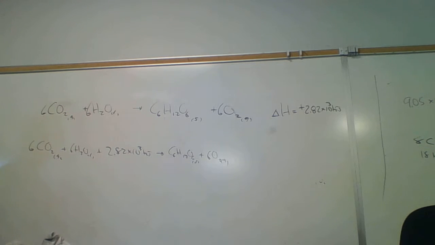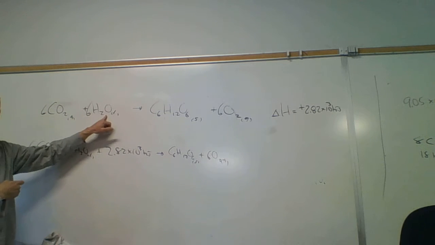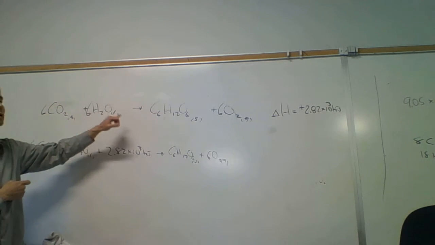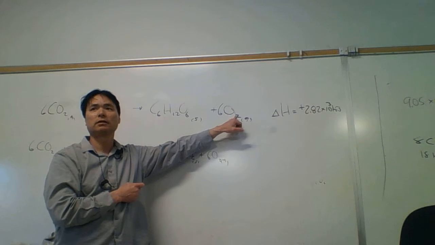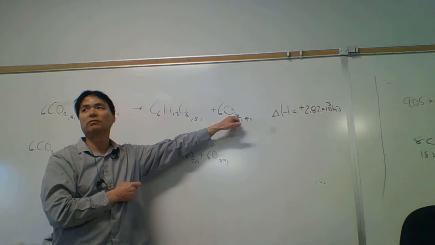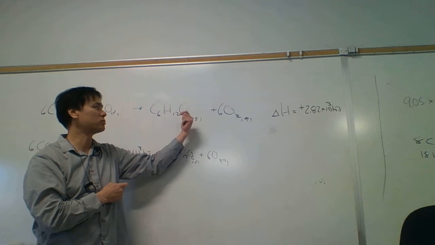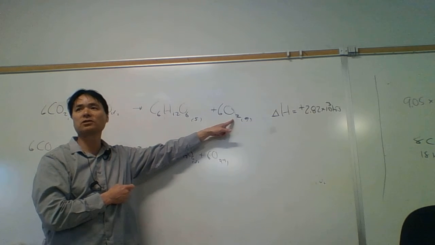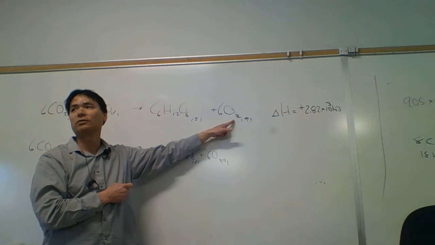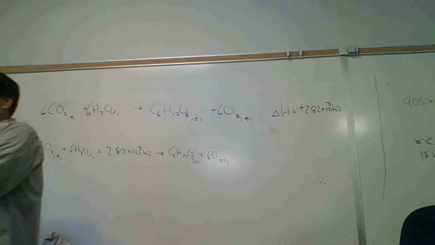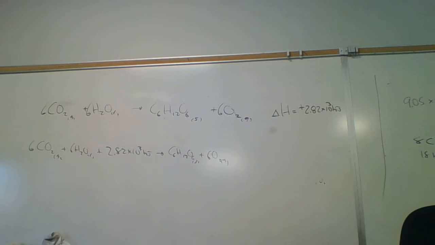How can I do that immediately? Because oxygen over here, what's oxygen here? -2. Oxygen here is -2, but oxygen here is 0. These oxygens are -2, so nothing happened with these, but this oxygen is 0, so something happened. This is a redox reaction. Photosynthesis is a redox reaction.